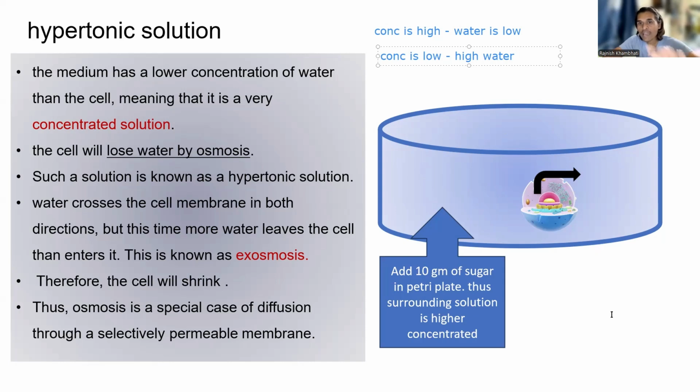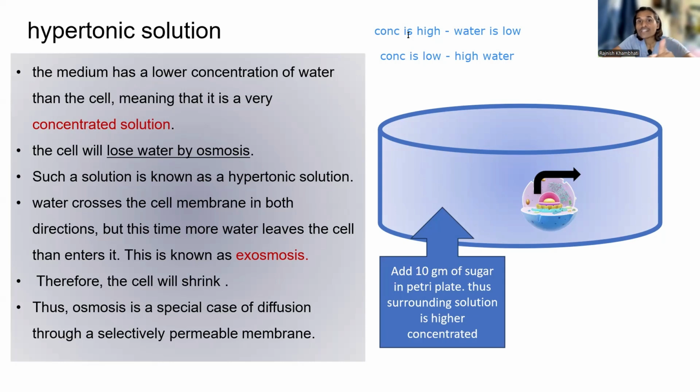Now apply these two lines over here. The medium, meaning outside water, has lower concentration. When concentration is low, water is high, so outside water is high. See very carefully again. Outside the concentration is high, the first one.